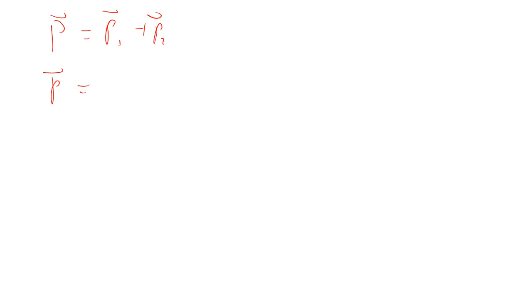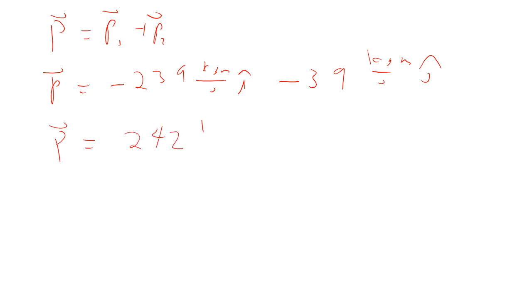So total momentum, P1 plus P2, the only thing we changed was that one term. So the total momentum is minus 239 kilogram meter per second I. That part didn't change, but the other term changed: minus 39 kilogram meter per second J. So the total momentum is now, by the Pythagorean theorem, 242 kilogram meter per second at an angle of, well, in this case, 80.7 degrees from downfield. So we're now going off this way.